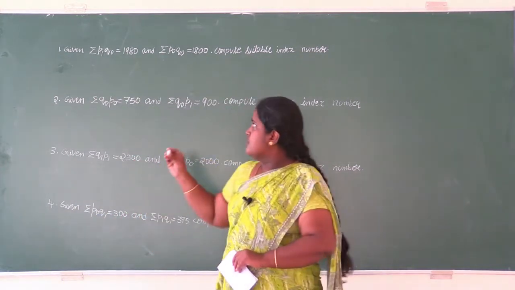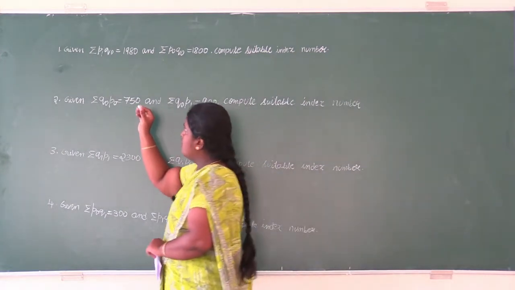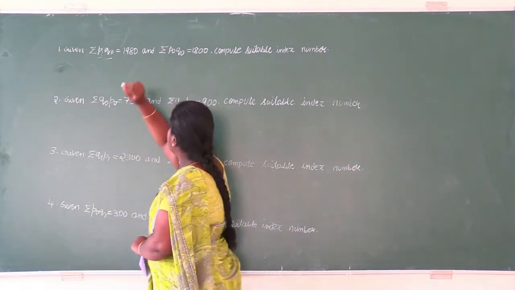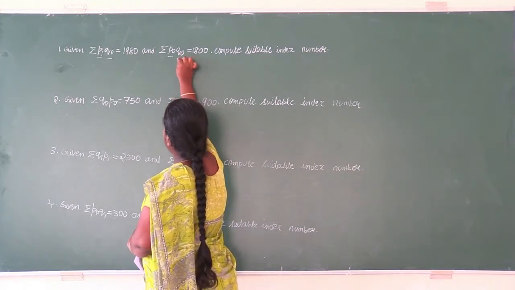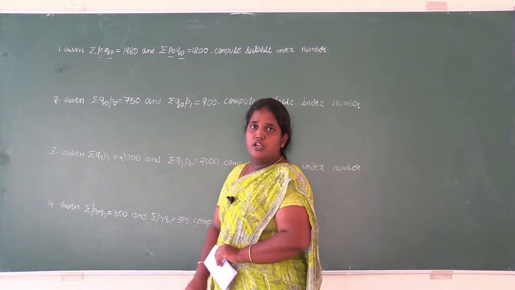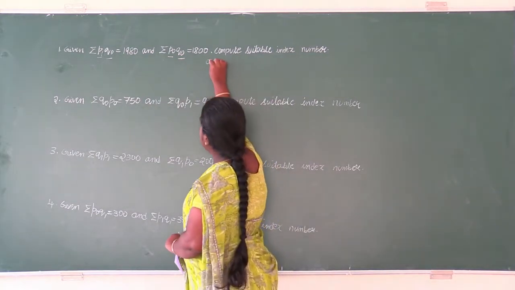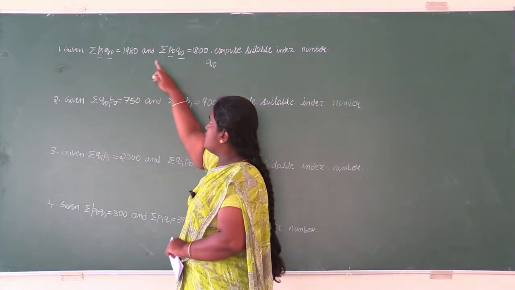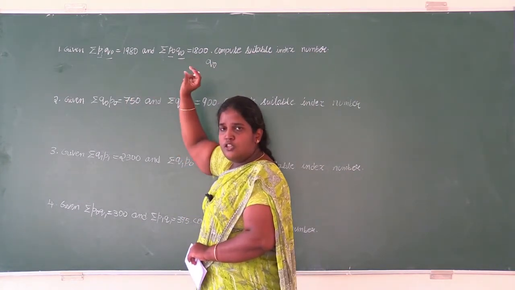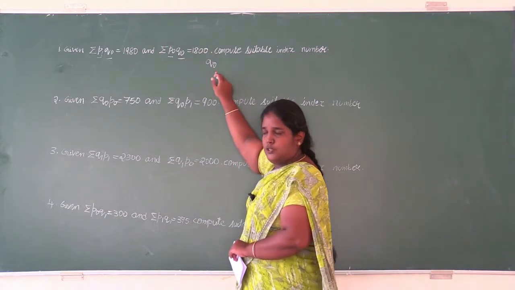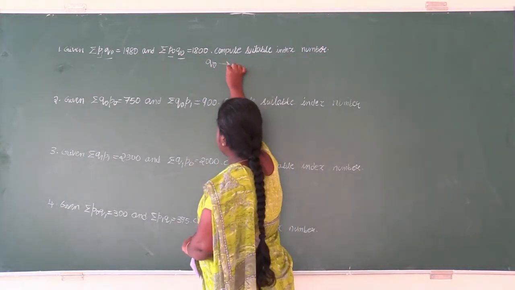Here, see it individually. We have P1 Q0, then we have P0 Q0. If you compare both the values, Q0 is common. So if you see the totals, P1 Q0 and P0 Q0, the common element is the base year quantity Q0. So Q0 is taken as weight.